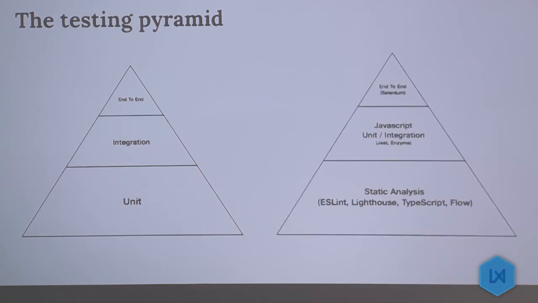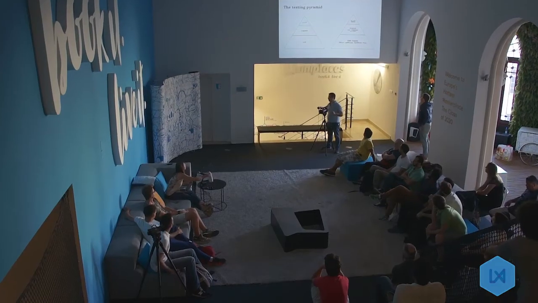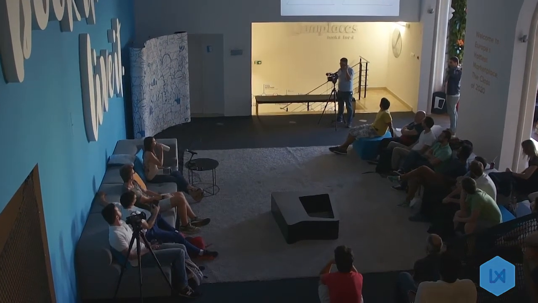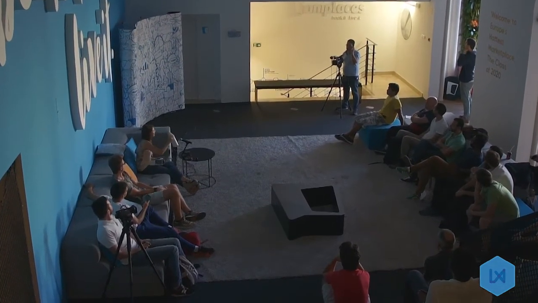And this is the pyramid we want to achieve with our React applications. On the base of the pyramid, we have static analysis. Here we are using some tools in order to make sure that our code is correct, and we can also test the performance of our application.